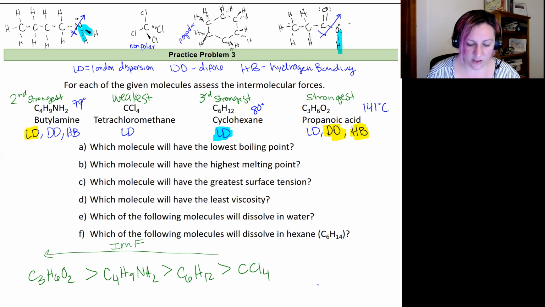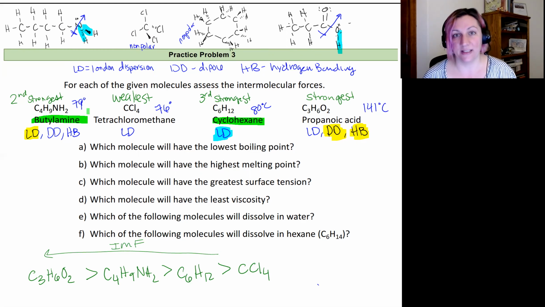Cyclohexane is about 80 degrees, and the tetrachloromethane is about 76 degrees. So I think this calls into question a little bit, especially the cyclohexane and the butyl amine, which one is stronger there? However, I'm going to keep our order based on the intermolecular forces and the hydrogen bonding, because those hydrogen bonds are going to play a role in how things like surface tension and viscosity play out.